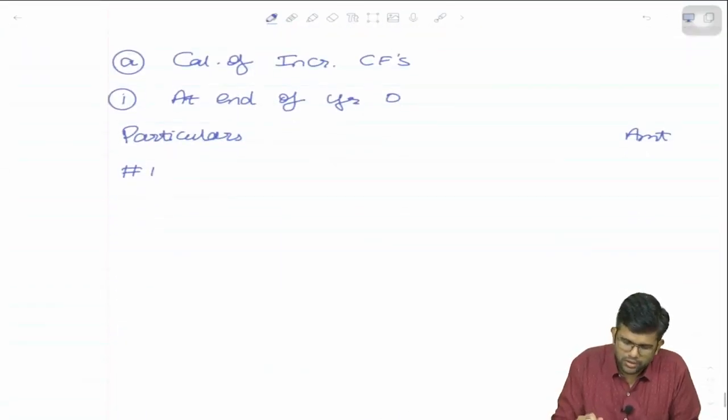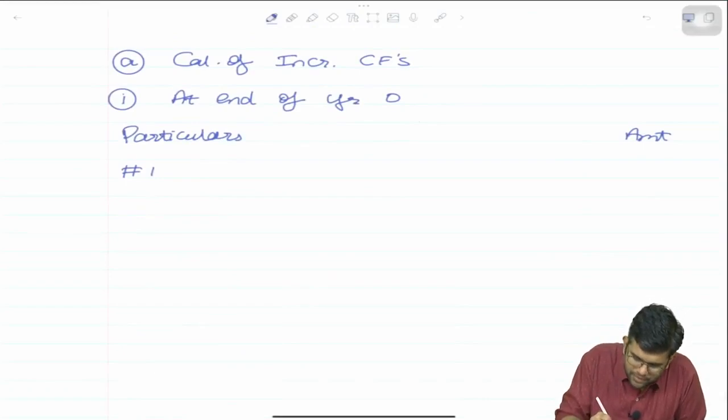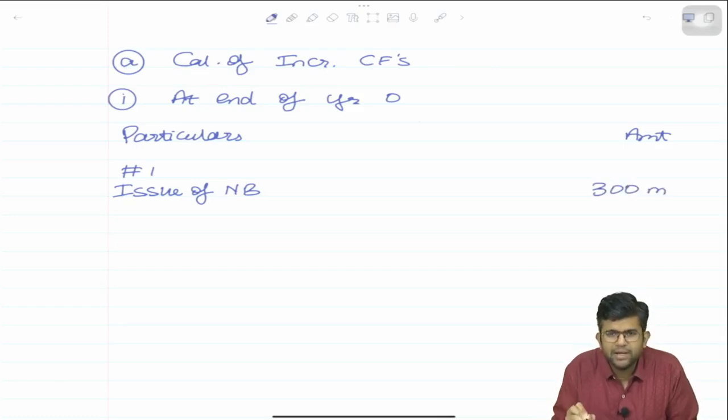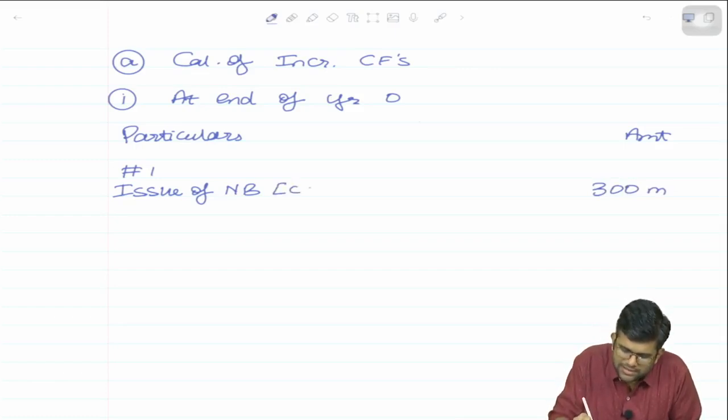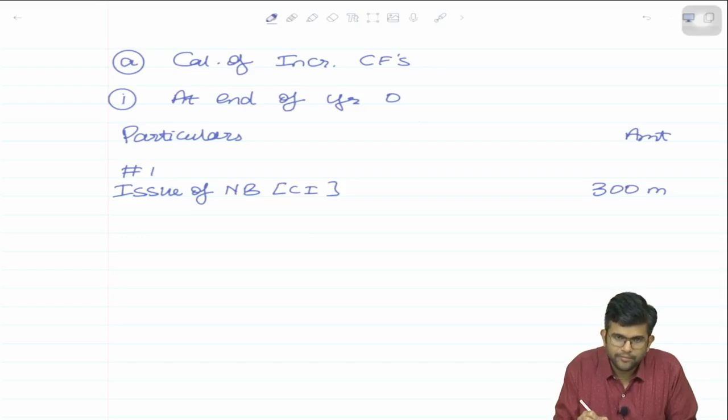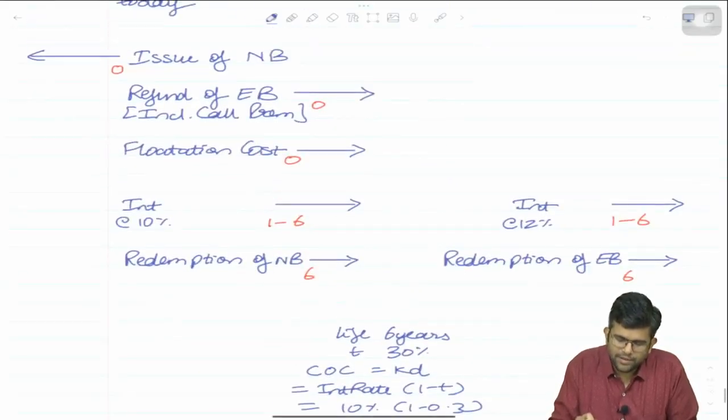So I'll write here issue of new bond. When I issue new bond to Mahalakshmi, can I say I will get 300 million? And this 300 million is a cash inflow for me. Then what is happening?